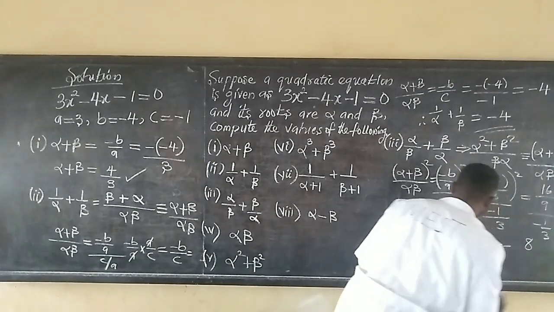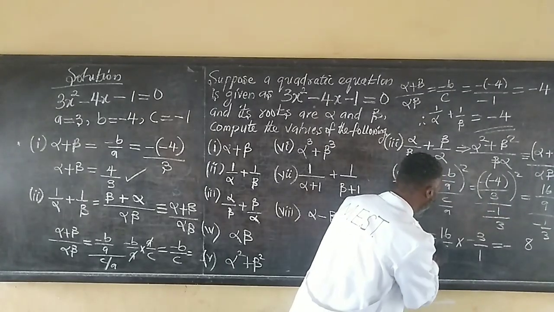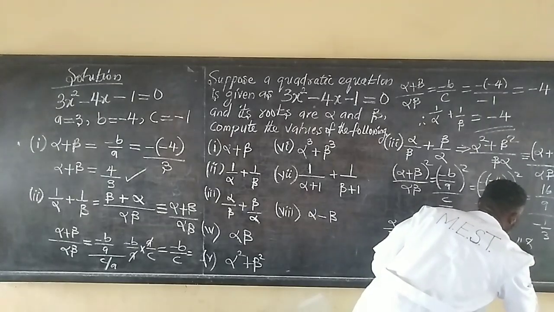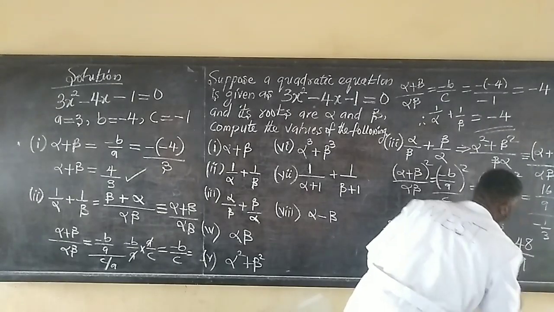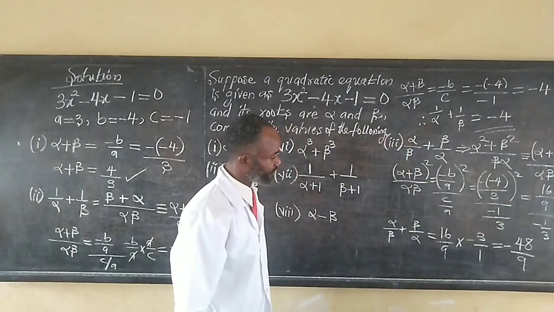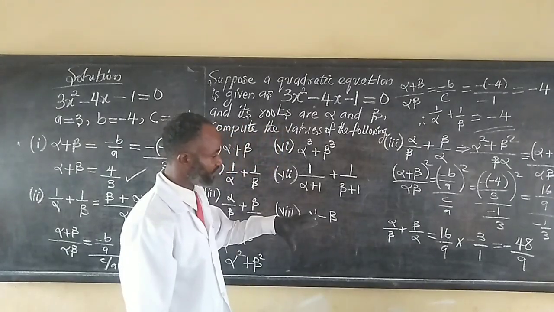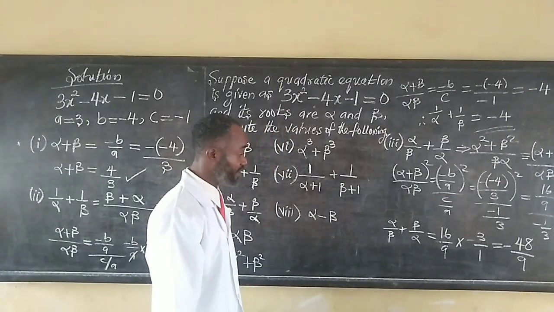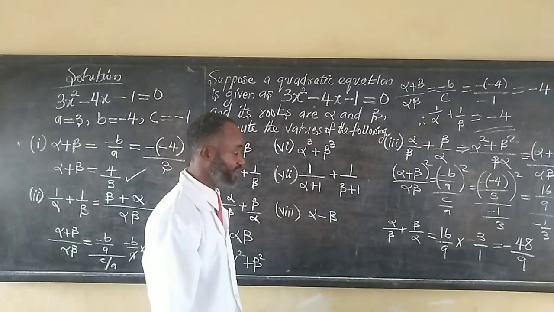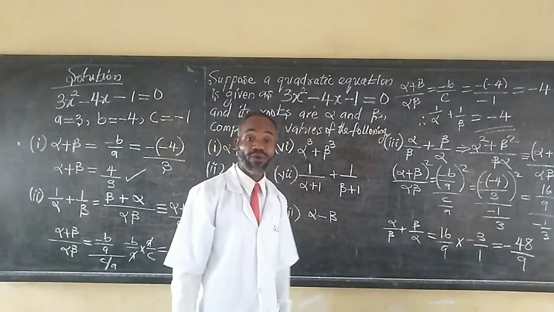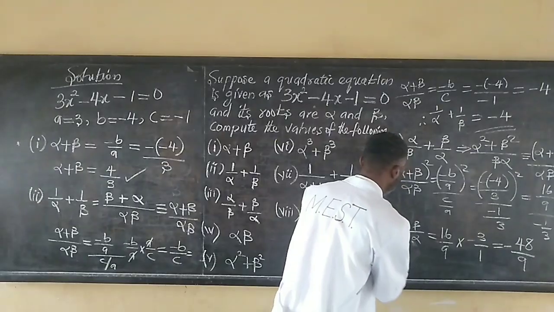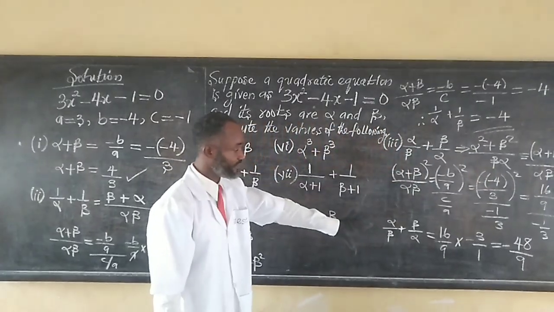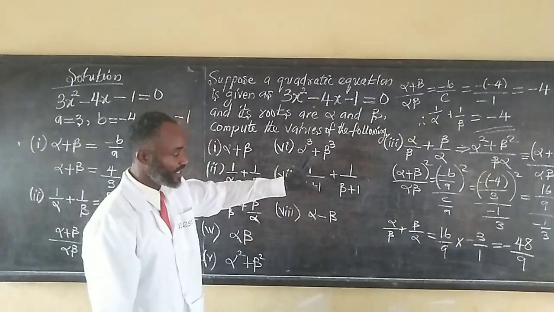We write 8, carry 1, and then 1 times 3 is 3 plus 1, that's 4. So 48, minus 48 over 9. Can we have this? Yes, so let's see. Or we can leave it at that point. We can say that this is equal to this. And that solves it. Minus 48 over 9.